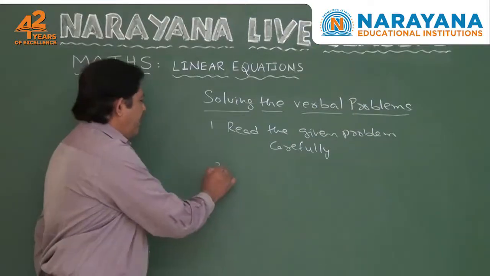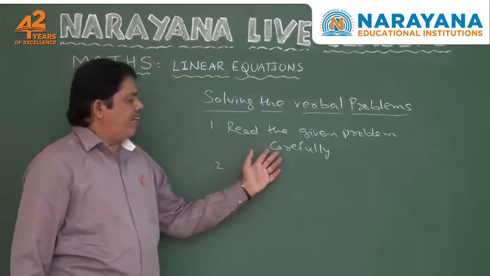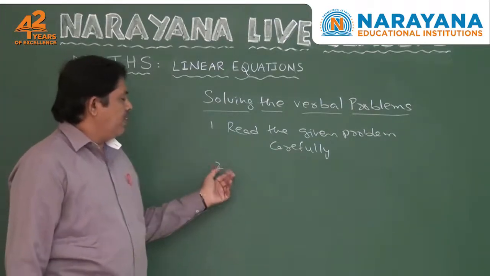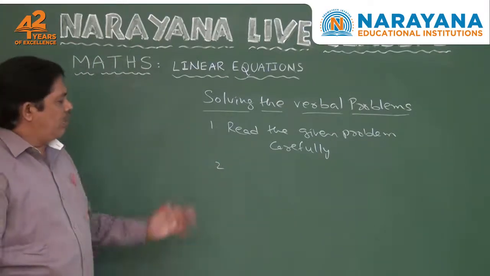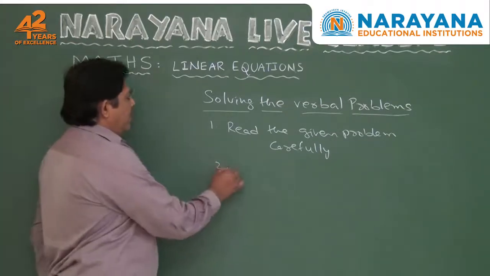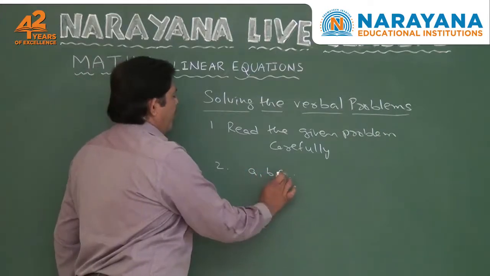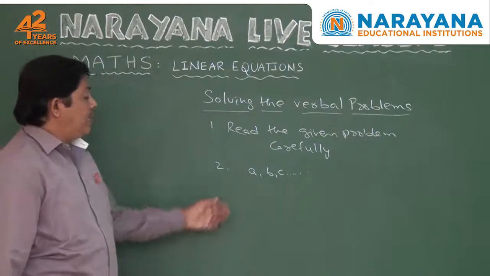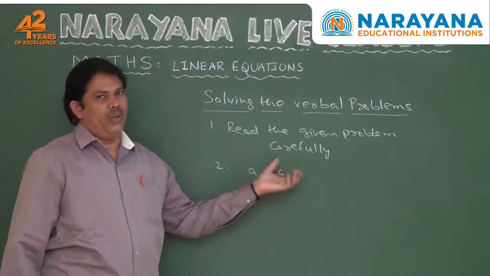In the second step, after reading the problem carefully, find out the unknown quantities. Unknown quantities means the quantities we have to find out. The unknown quantities can be considered as A, B, C, D and so on.